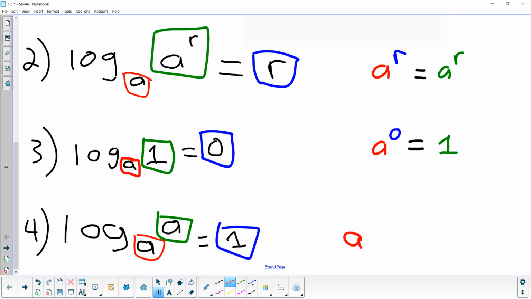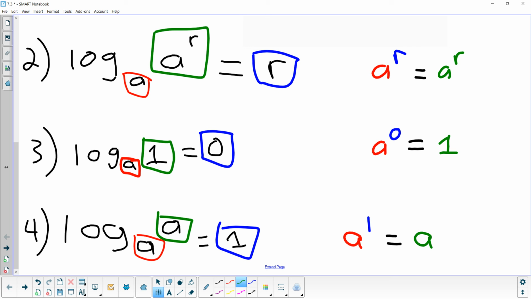Exponent. Yeah, always equals the exponent. Good. The only thing I haven't used is my box in green. That's what I'm plugging into the log. Cassidy, what's the green box called? Argument. That's my argument, and it ends up on the other side. So the reason why this property is true is because if you raise anything to the first power, you get the same thing back. Anything to the first power gives you back what you started with.